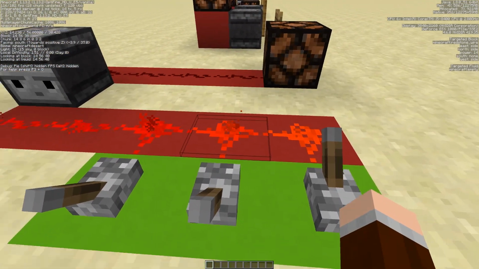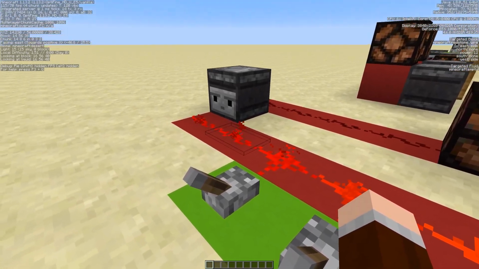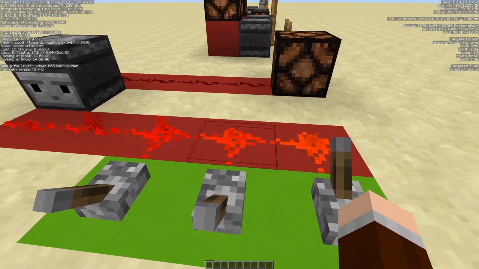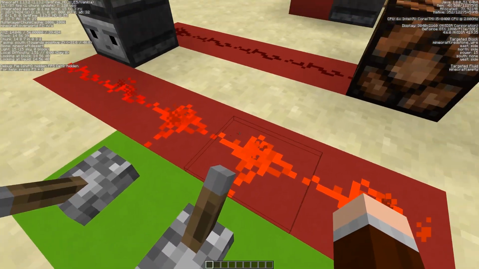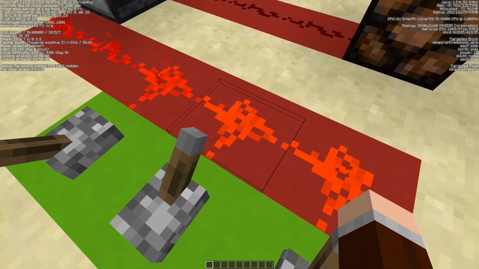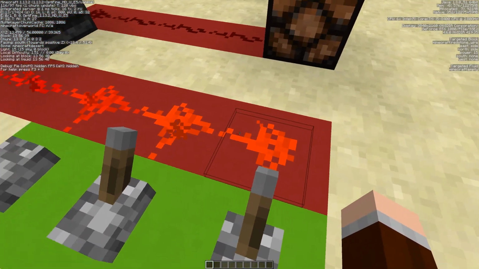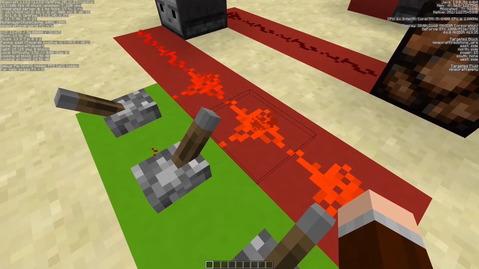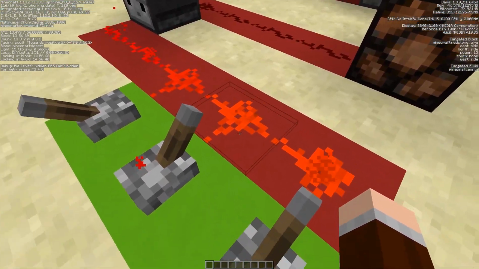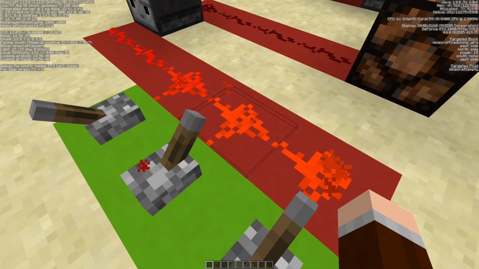So the highest power that a redstone piece can have is the one that wins. So if this lever here wants this piece of redstone to have the power of 15, however, this piece of redstone wants this piece of redstone to have the power of 14, the 15 is higher than the 14, and so this piece of redstone has the strength of 15.